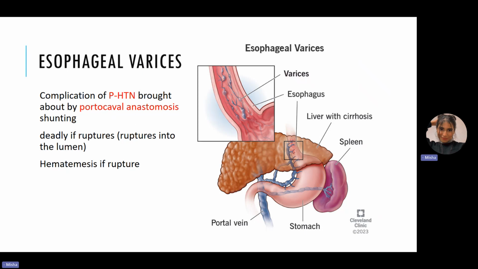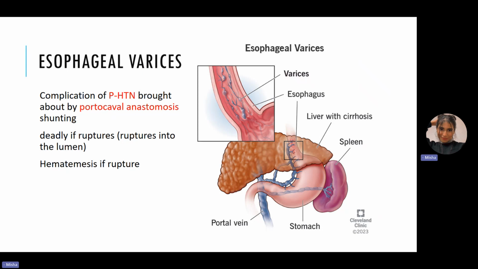And the portal hypertension can be caused by, for example, liver cirrhosis 50% of the time, schistosomiasis, Budd-Chiari syndrome, for example. The submucosal veins of the esophagus dilate most commonly in the lower esophagus, and it's painless and asymptomatic. But if this vessel ruptures, imagine the amount of bleeding that the patient would have, and it basically leads to death. Okay, it's a deadly rupture.